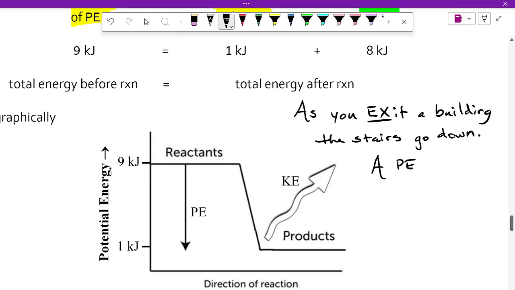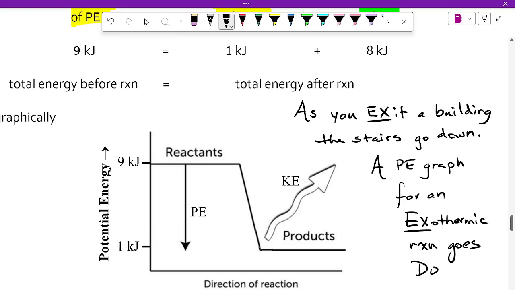A potential energy graph for an exothermic reaction goes down.